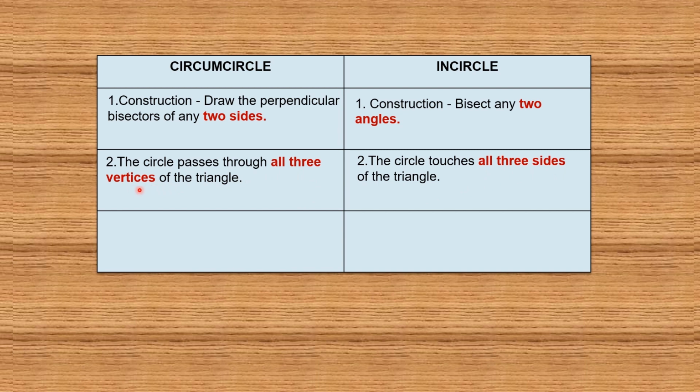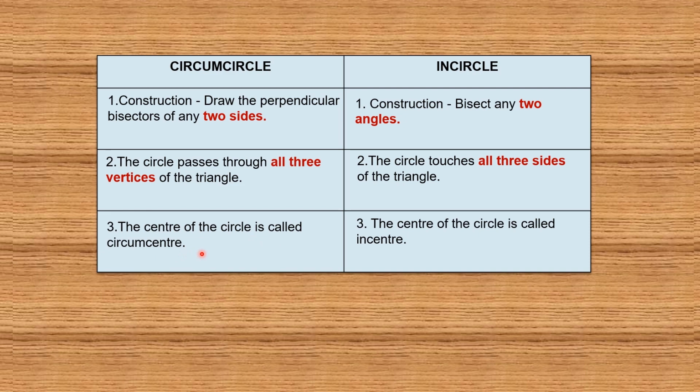Here it touches all three vertices, here it touches all three sides, and the center of the circle is called the circumcenter, whereas in an incircle, the center of the circle is called the incenter. If you can remember these, it's going to help you when you're asked to construct a circumcircle or the incircle.